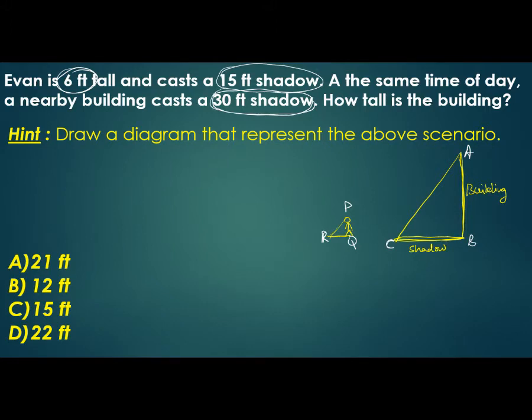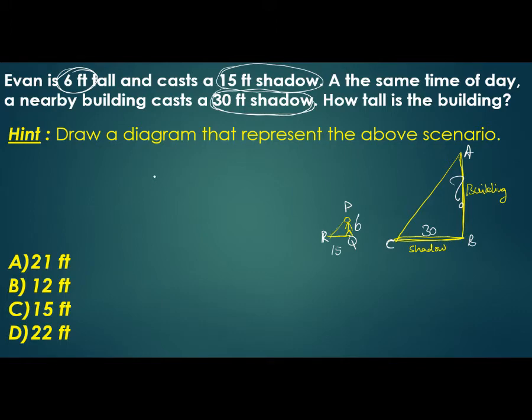So Ivan is 6 feet tall, therefore 6 goes here, and casts a shadow of 15 feet, so 15 goes here. At the same time, a nearby building casts a 30 feet shadow, therefore this is 30 feet. And how tall is the building? So here is the question.